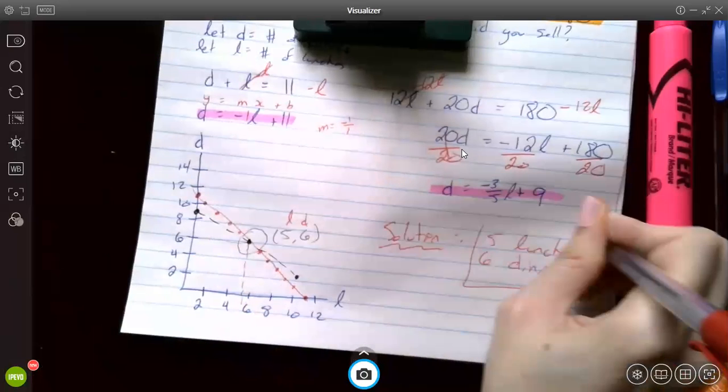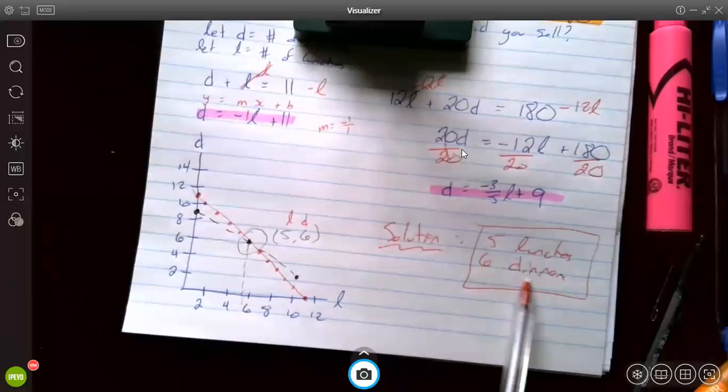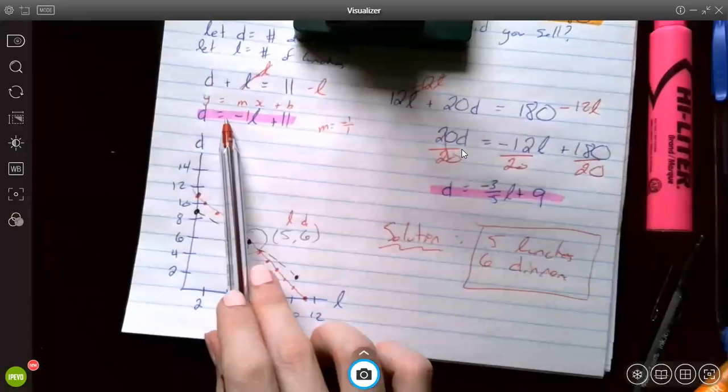Okay, that would be your answer in this case. You do have to actually write out like what lunches and what dinners are if you haven't just used X and Y.